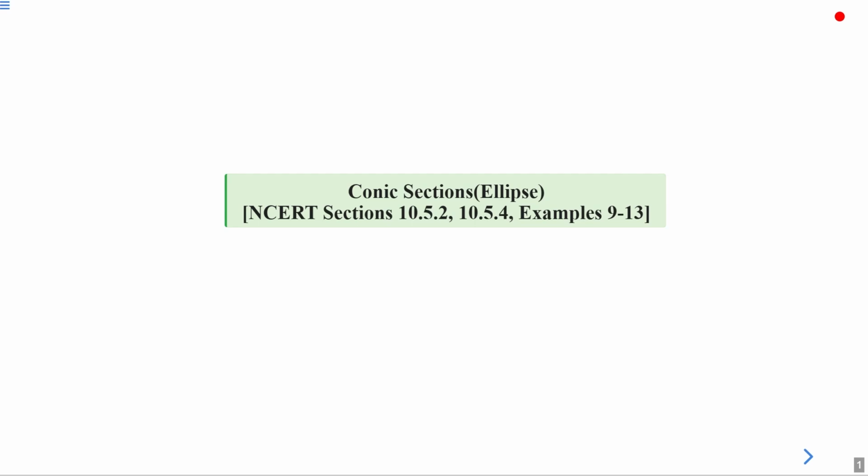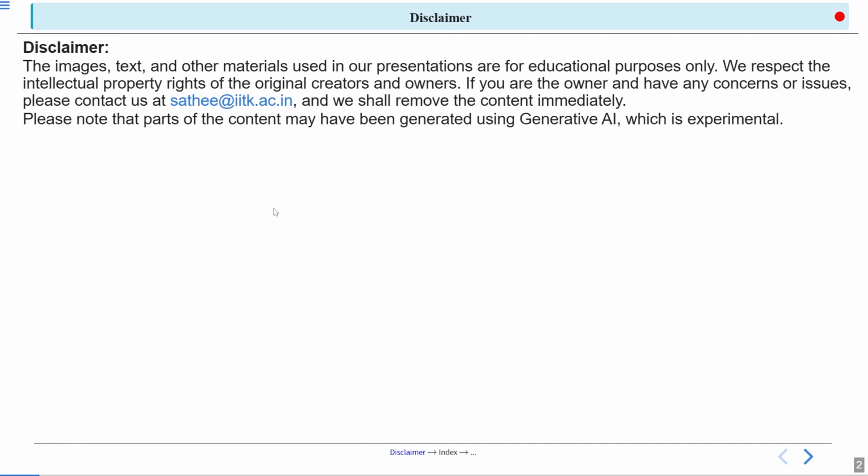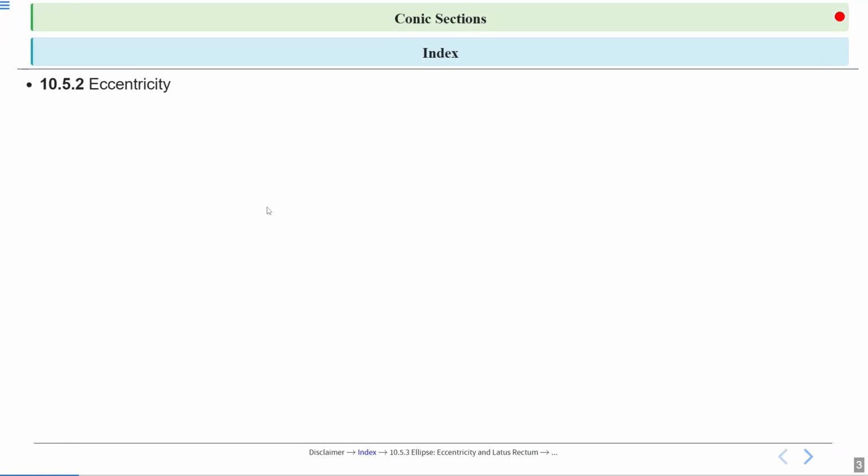So in this lecture we will discuss NCERT sections 10.5.2 and 10.5.4 and examples 9 to 30. This is a disclaimer. First we will discuss eccentricity.